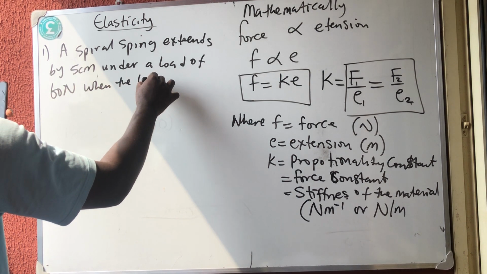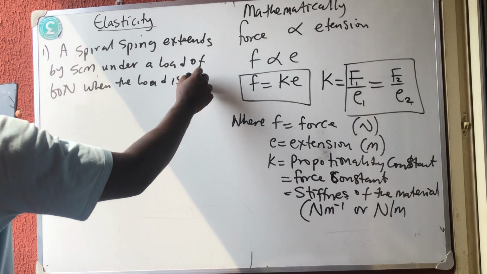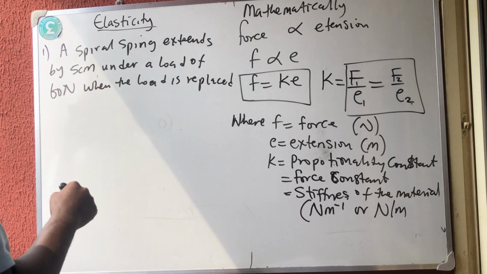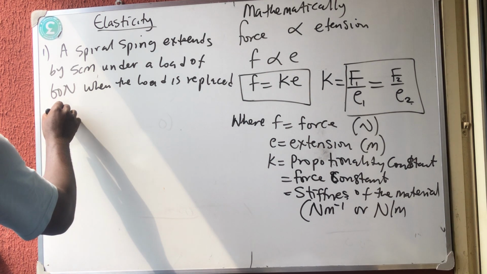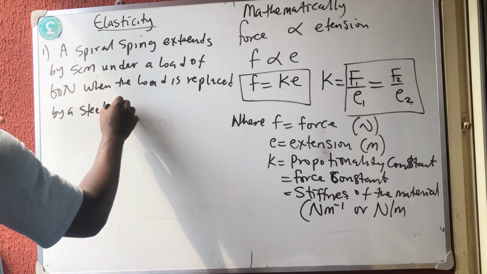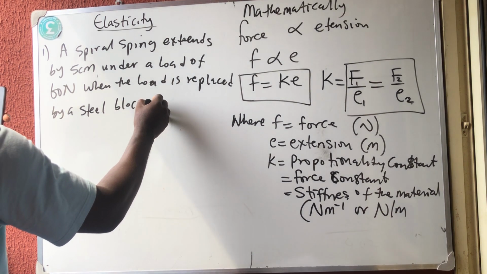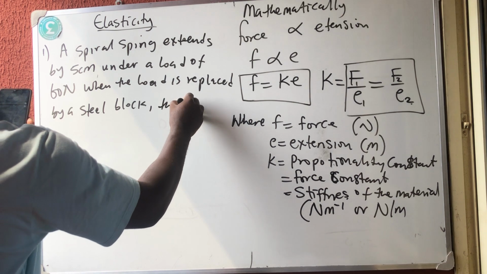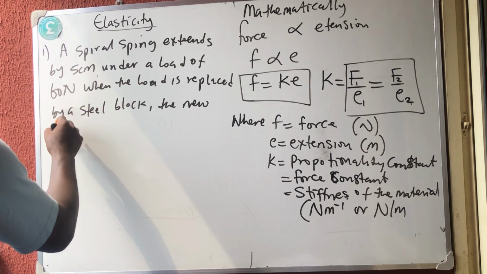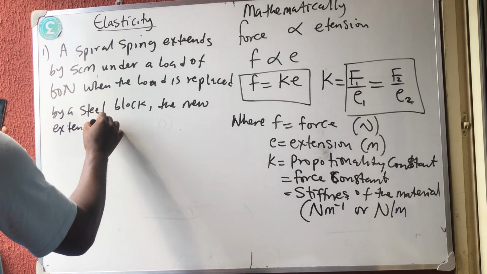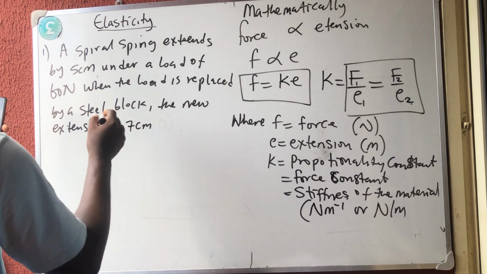When the load is replaced by a steel block, the new extension is 7 cm.